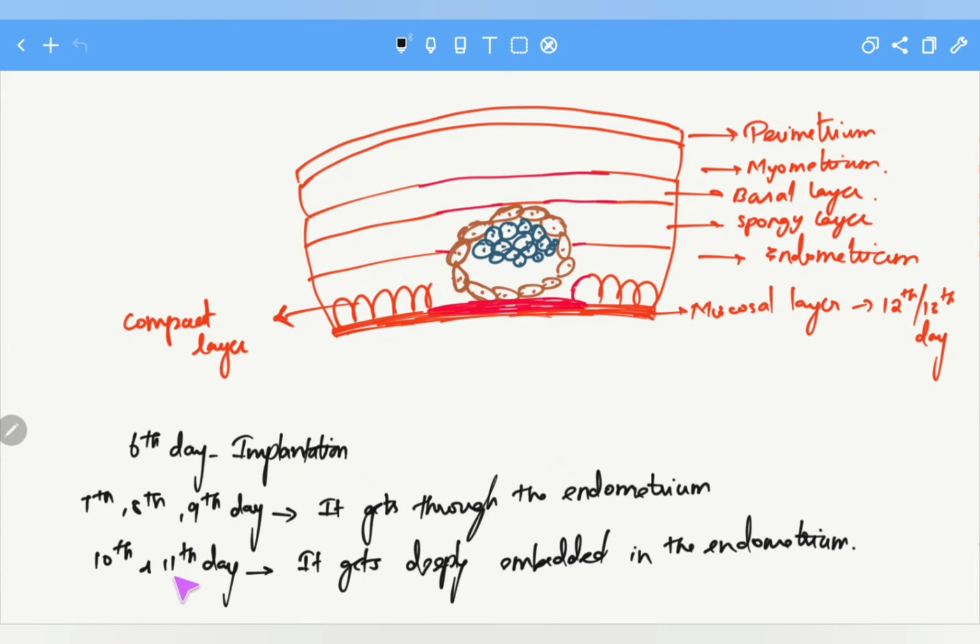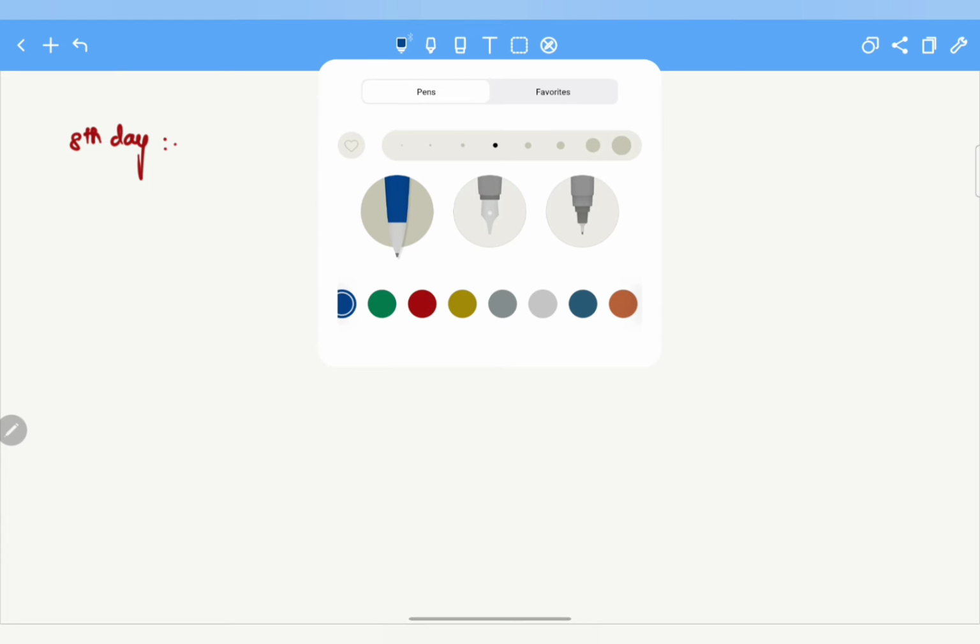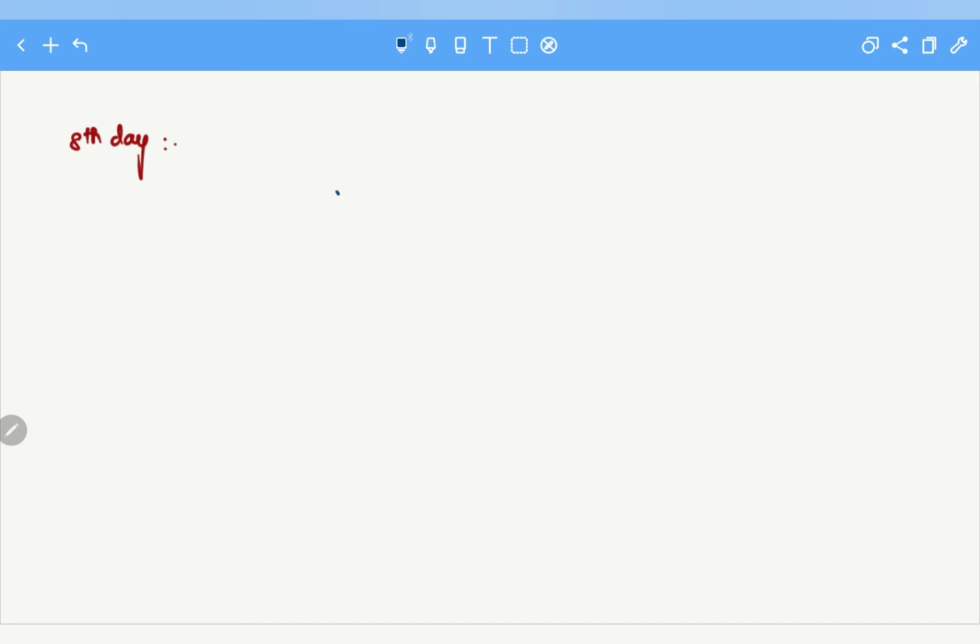We have discussed what happens to the blastocyst. What are all the changes that take place in the blastocyst on the 8th day of development? So this is the trophoblast, which is the outer cell mass of the blastocyst.